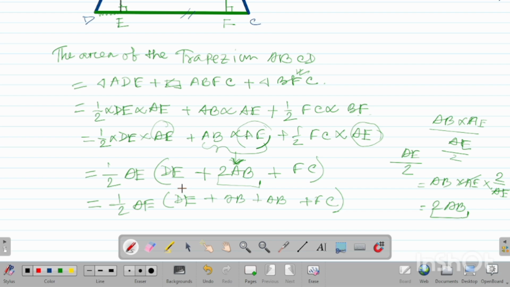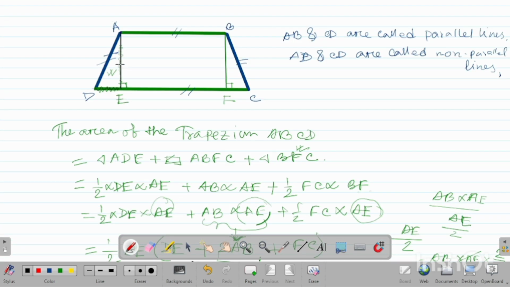If you add DE, here you can see in the picture that AB is equal to EF.